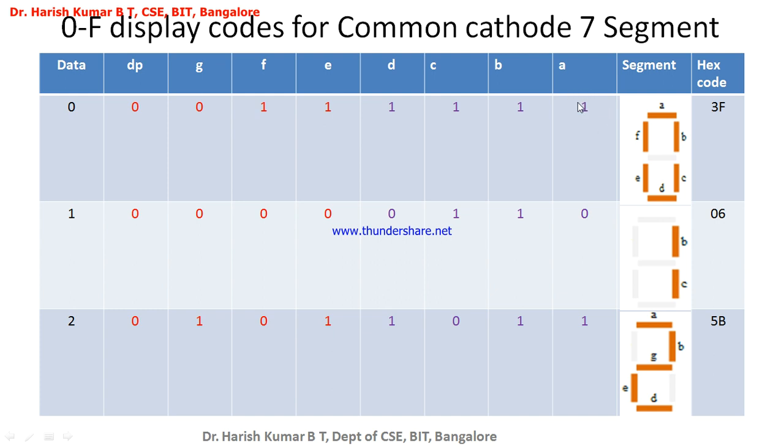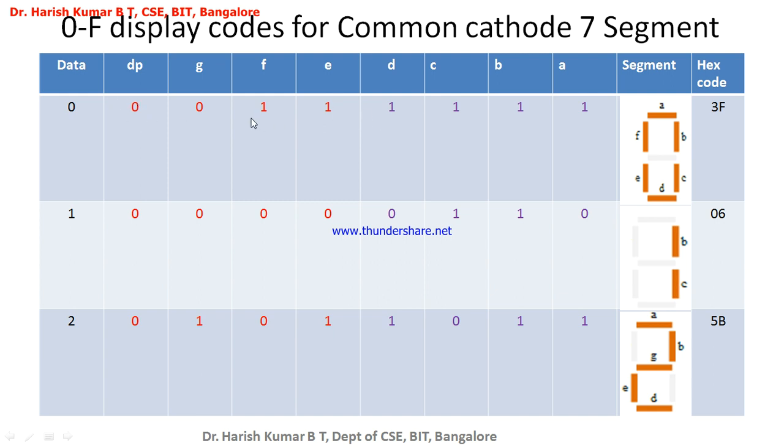So if I give 1 to the anode terminal of this particular LED, A will glow, and similarly B should also glow, that is 1, C should also glow 1, D should also glow 1, E should also glow 1, and F should also glow 1. G I don't want this particular LED to glow, so we are giving logic 0. And DP, I always make it 0. I don't want DP to glow at any point of time.